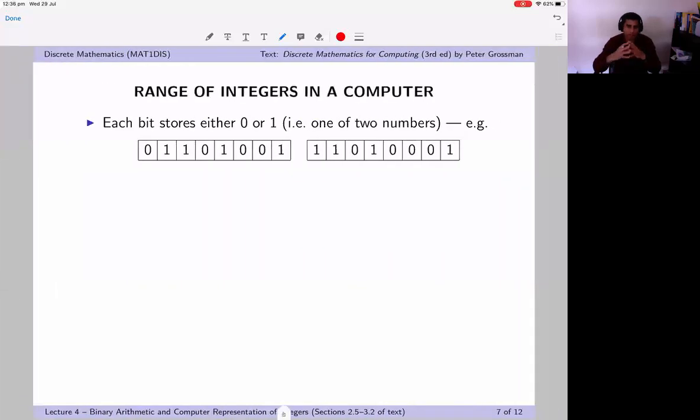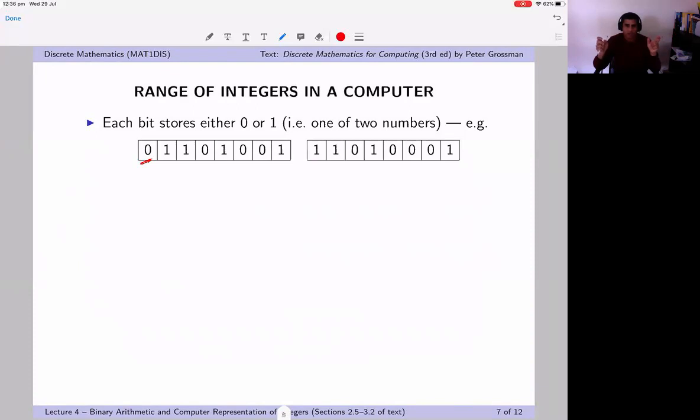Okay, so let's look firstly at what sort of integers can be stored on 16 bits. Now remember, each bit is either 0 or 1. There are two possibilities in each box, and there are a total of 16 boxes.